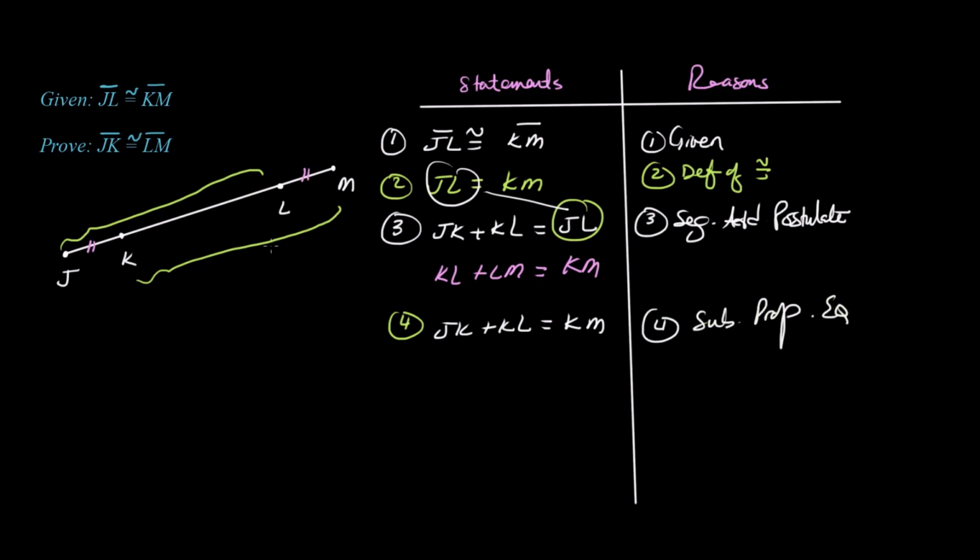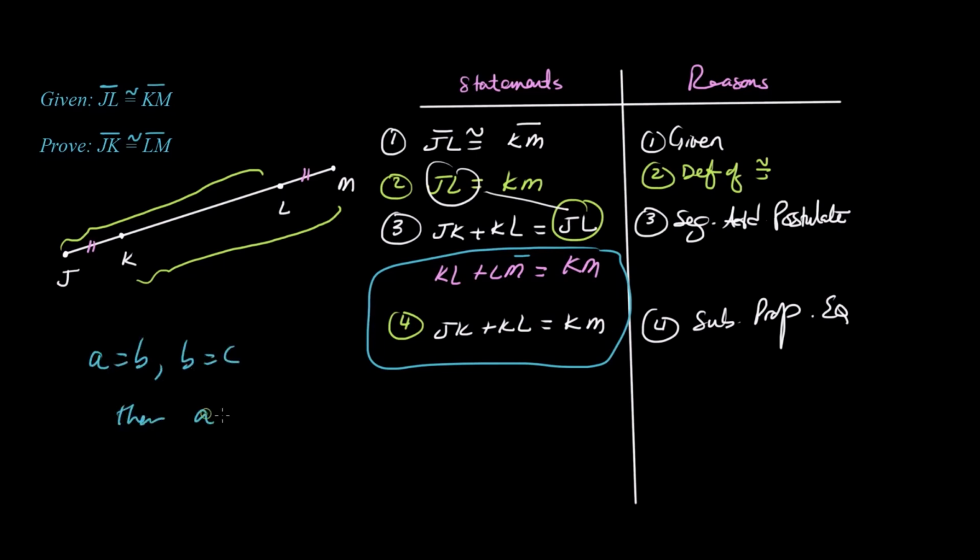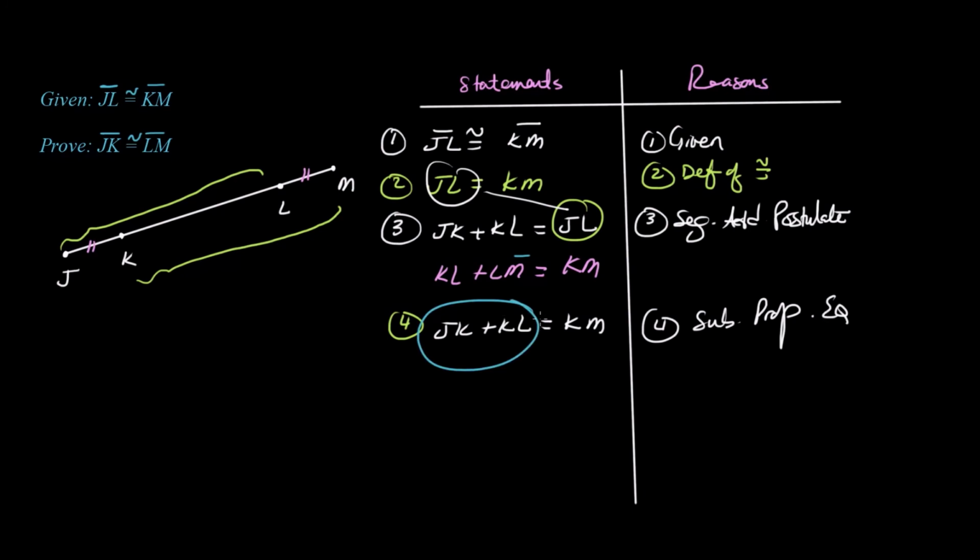Now I have these two statements, and I can combine them in two ways. I can use the transitive property, because there's something in common: if A equals B and B equals C, then A equals C. Or I could just substitute this in place of KM over there.